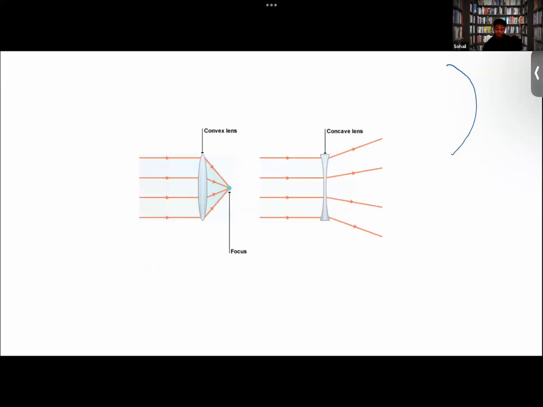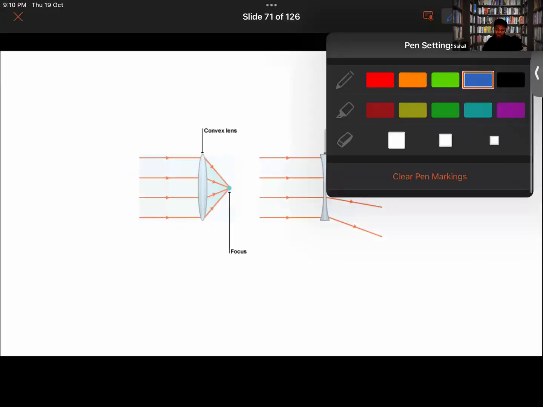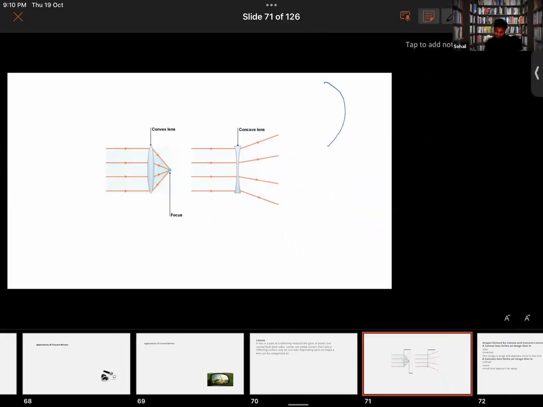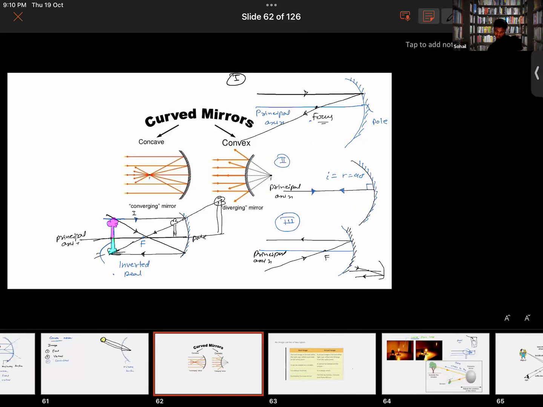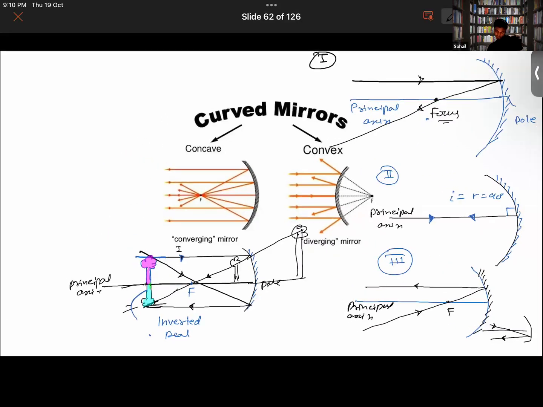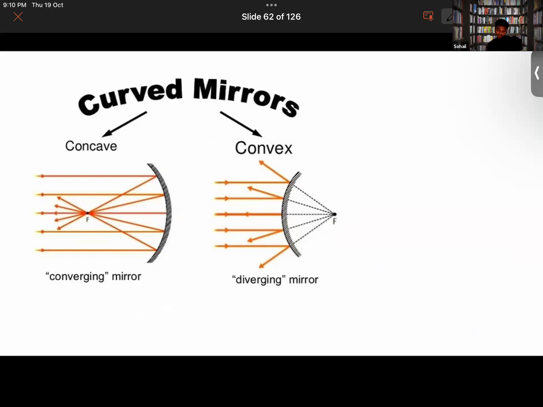If you were to talk about the convex mirror for a while, look here. When we were talking about this convex mirror, we saw that light rays appear to be passing from it and then meeting at a point. That's why we have drawn dotted lines here.